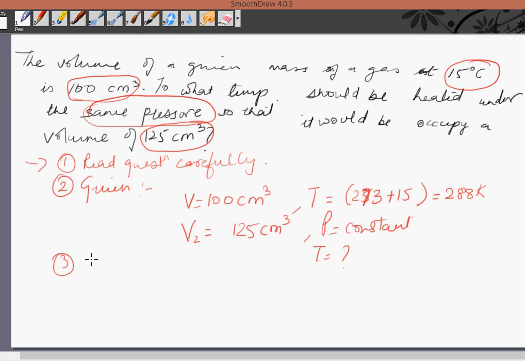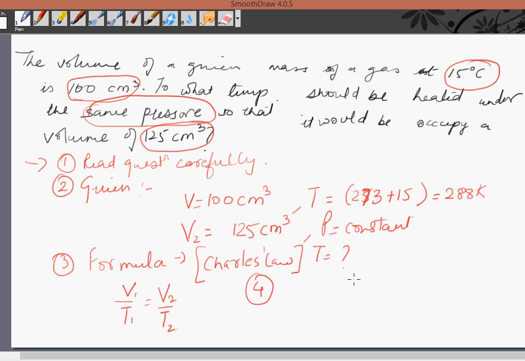So third, we have to write the formula. What will the formula be? What law is it? It will be Charles' law, right? Where pressure remains constant. So the formula is V1 over T1 equals V2 over T2. And fourth, by simple calculation, you can put the values in the formula like this.